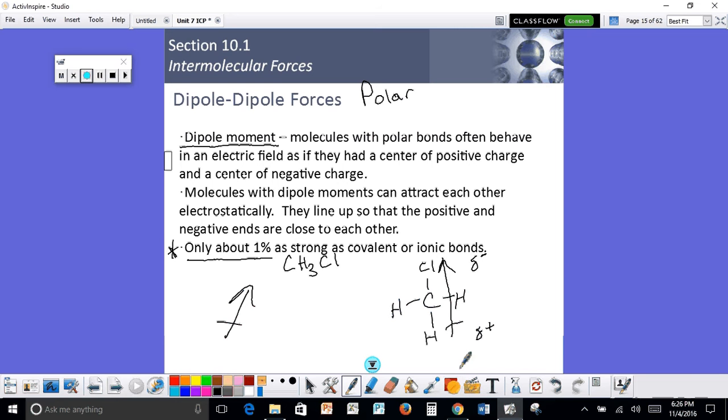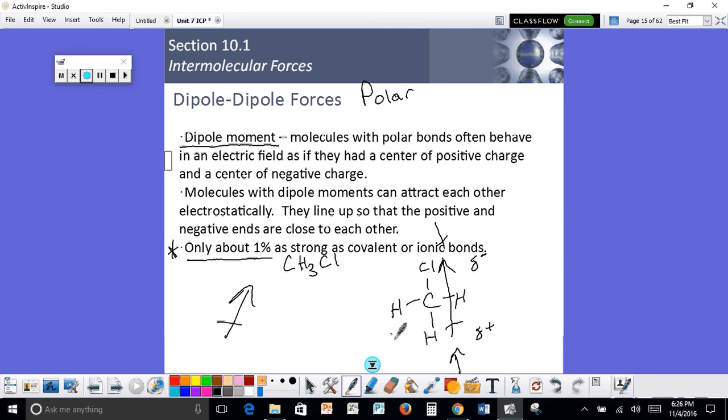When this interacts with other molecules, the dipoles are going to line up. The negative end will line up with the positive end, and so forth, and we'll see that happen over and over again. This is much stronger than a London dispersion force.